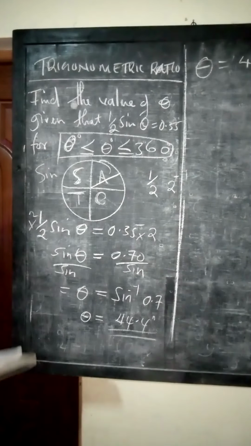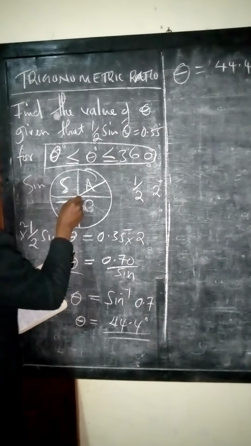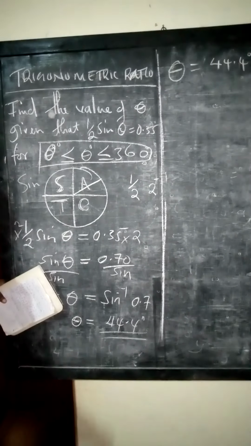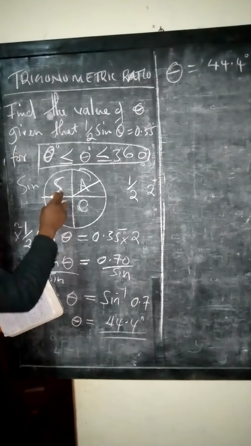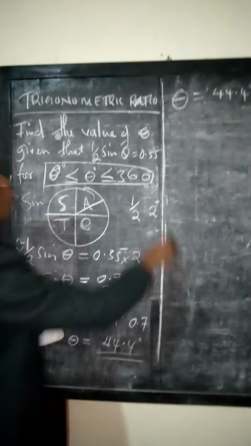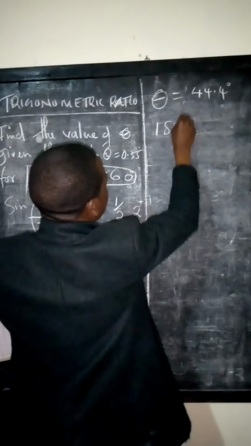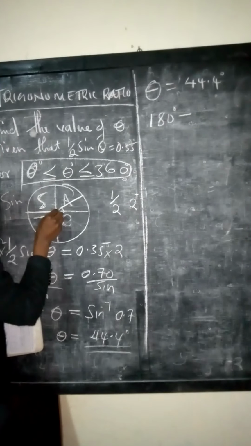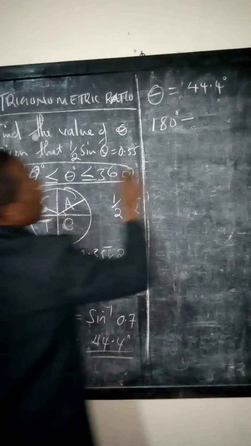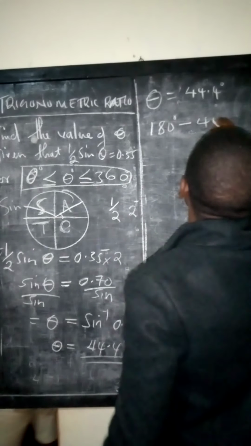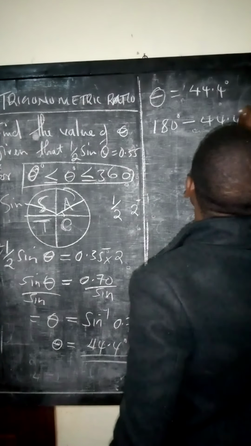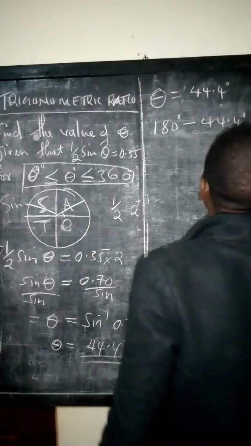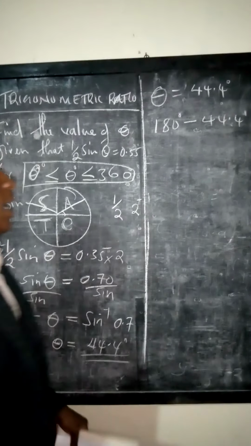So in this case, how do we find the second angle from our second quadrant? Remember, this is the second quadrant. Therefore, we do 180 degrees minus 44.4 degrees.